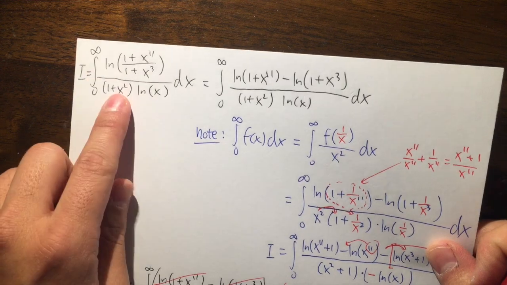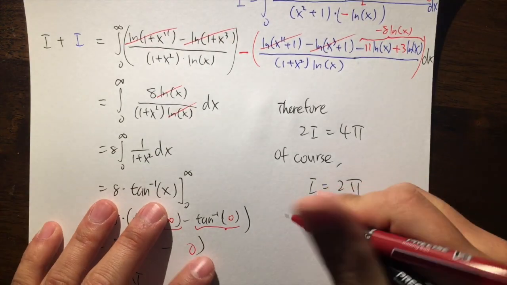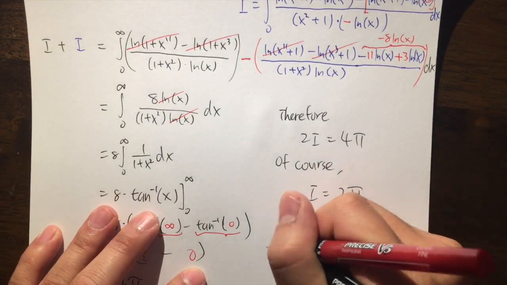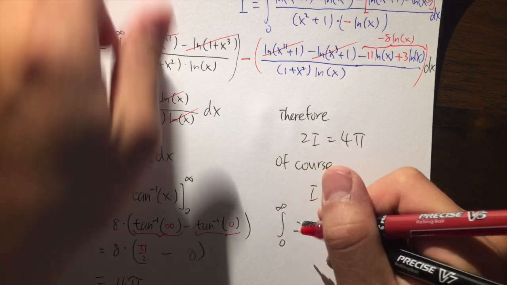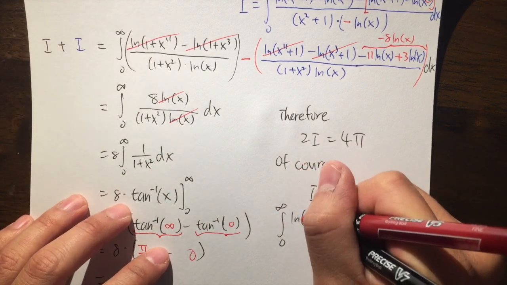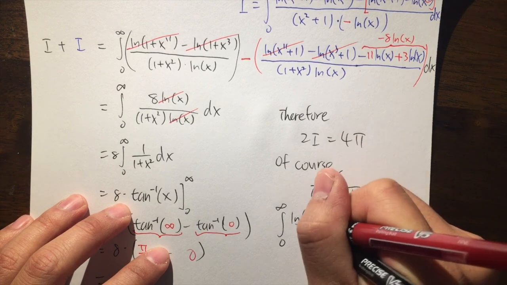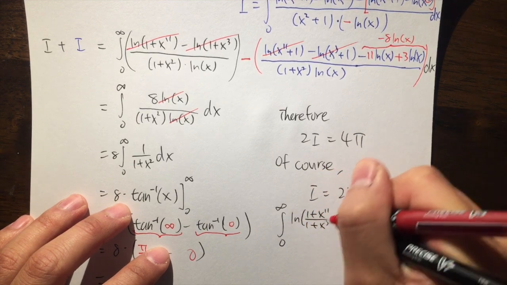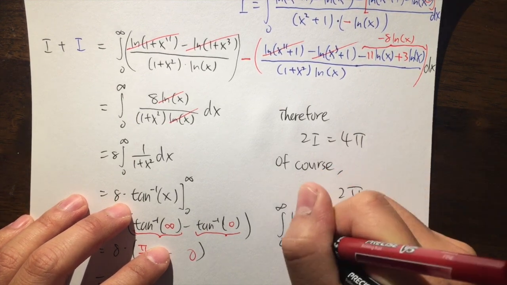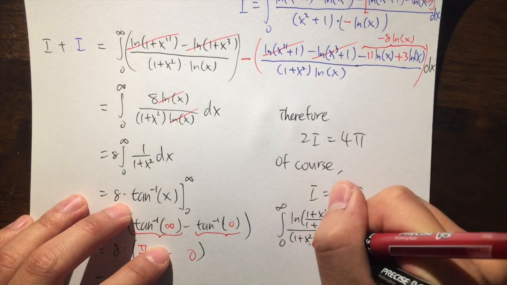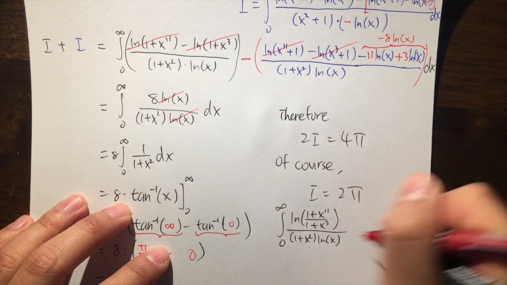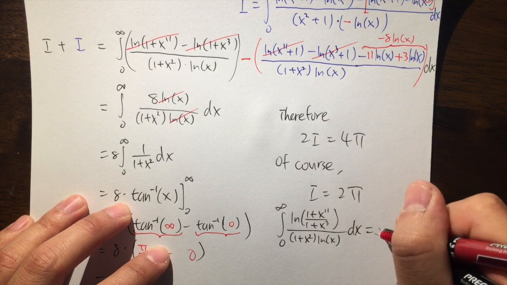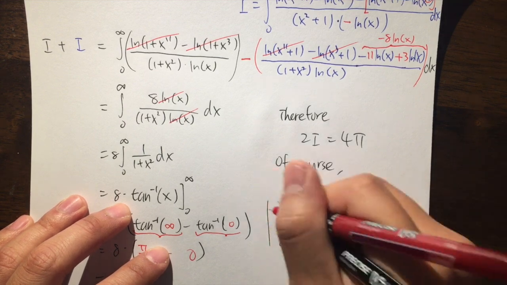So the original integral right here, let me just write it down to be respectful: the integral from 0 to infinity of that big thing, ln of 1 plus x to the 11th power over 1 plus x to the third power, over 1 plus x squared times ln x. This is equal to 2 pi, okay?